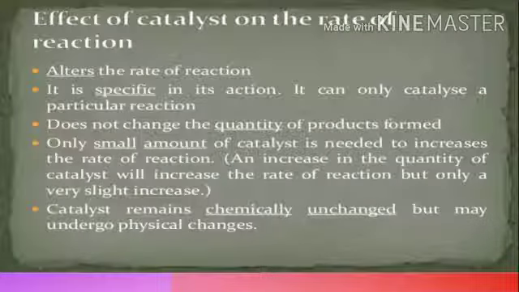Another factor is effect of catalyst on the rate of reaction. A catalyst is defined as a substance which increases the speed of the reaction without itself undergoing any chemical change. Or we can say that a catalyst generally increases the speed of reaction without itself being consumed in the reaction.